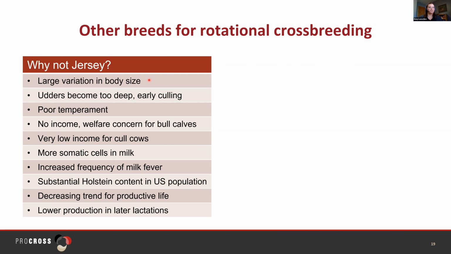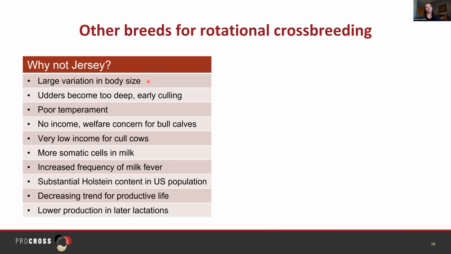But that difference in body size creates some problems too, namely this large variation in body size that we see when we cross them with other larger breeds. So quintessentially in the US, we see a lot of people try to start their crossbreeding with a Jersey Holstein. We call them Hojos here in the US, if you ever hear that slang term.